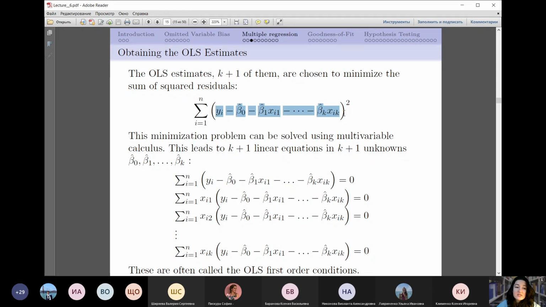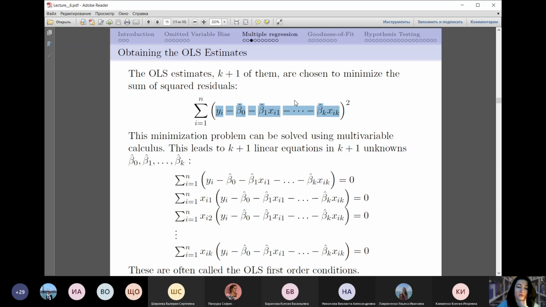The main difference between simple and multiple regression in the ordinary least squares approach is the interpretation, because now in the multiple regression model you can use the ceteris paribus effect when you interpret the parameters of the multiple regression model. What does it mean? We will discuss it in several minutes. But now let's take a look at this slide.